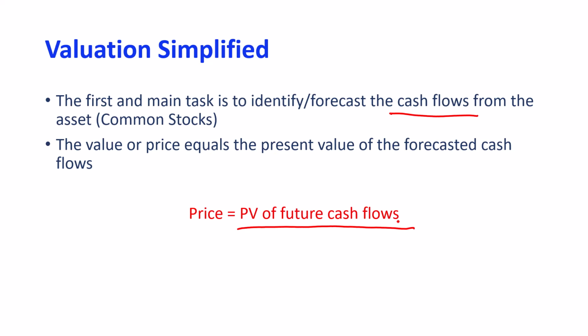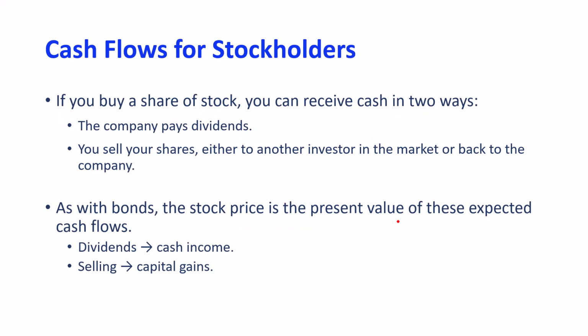So what are these cash flows when it comes to common stocks? You can receive cash in two ways when you buy a share of a company. One is through dividends. The other one is when you sell your share to the company or to another investor. As with bonds, the stock price is the present value of these expected cash flows. Dividends that you receive are considered the income component of the return.